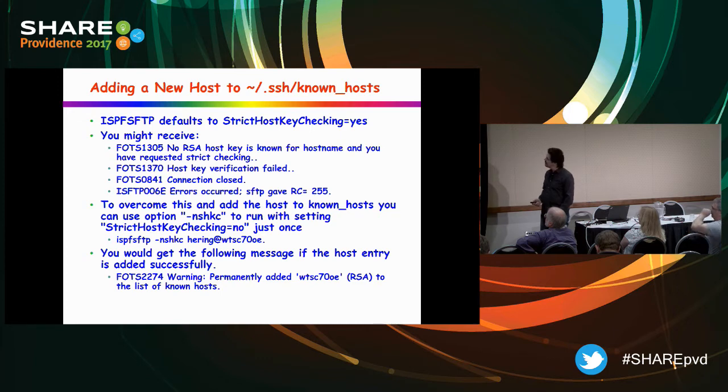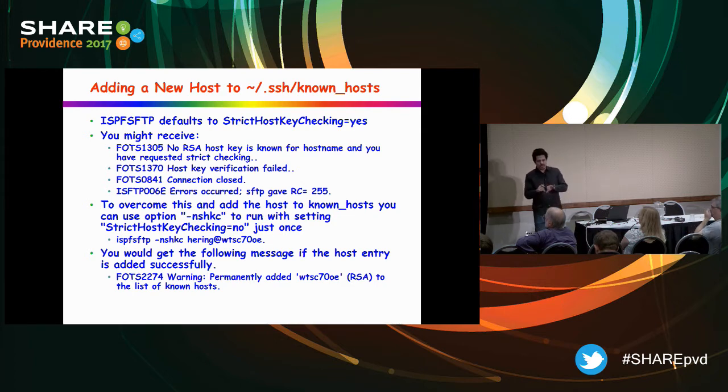Okay. So, last but not least, this known hosts file, and this is just a standard SFTP thing. It's not necessarily ISPF SFTP, but you do have the ability in this thing to override this strict host key checking equals yes, which is a default that it uses, simply by coding this -NSHKC option when you run it.